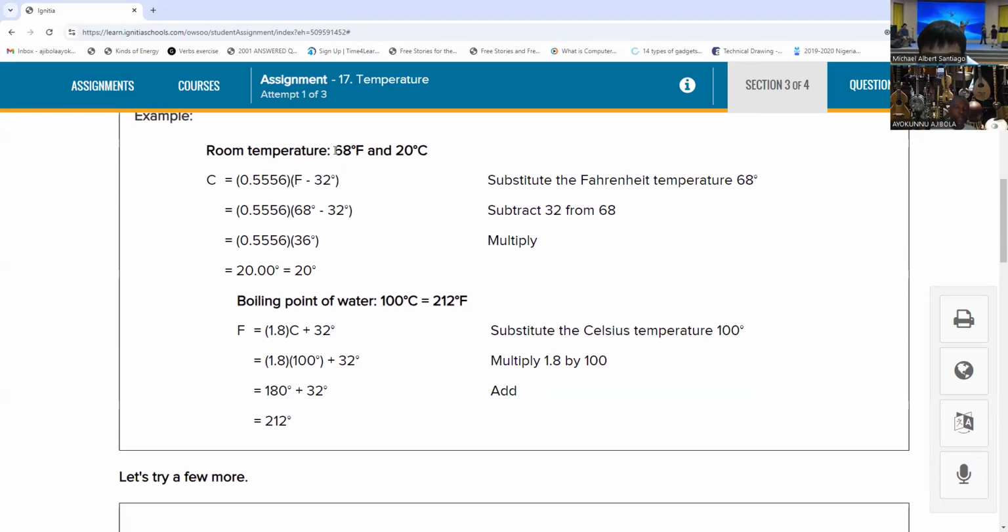The 68 in Fahrenheit gives us 20 in Celsius, meaning we remove 32 from it and multiply by this constant. Is that clear? But if it is from degrees Celsius to Fahrenheit, you multiply first, then you add 32. Remember, you subtract first from Fahrenheit to Celsius before multiplying, but here you multiply first before adding.